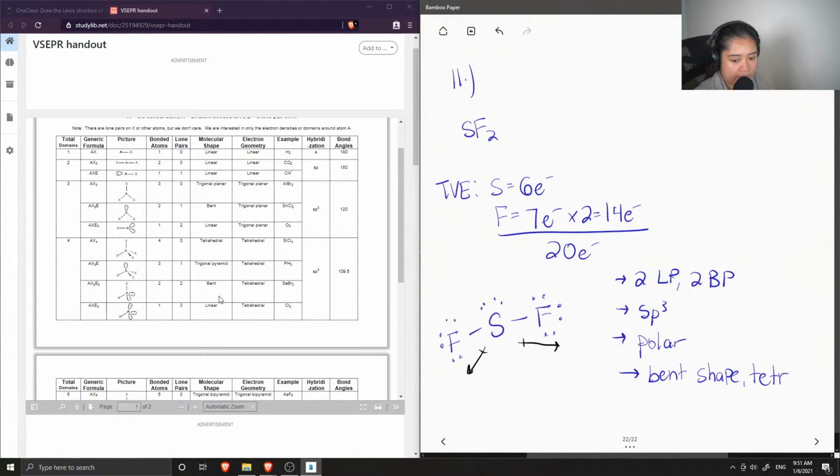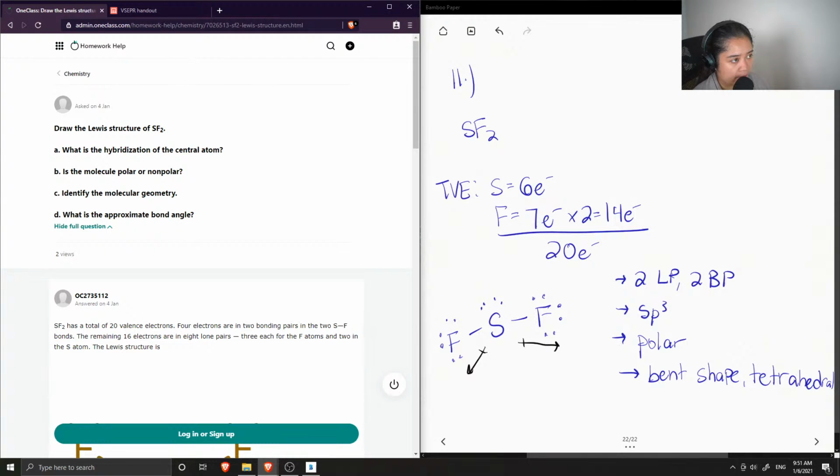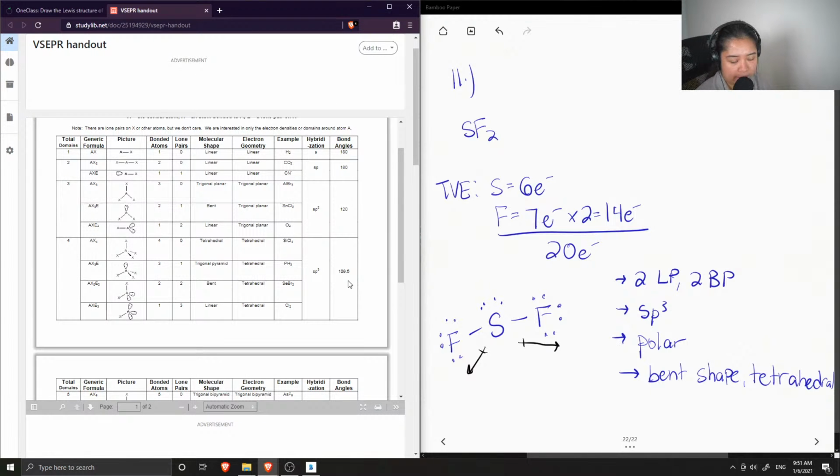So I'll just write both down. And the approximate bond angle is around 109.5, also using this table.